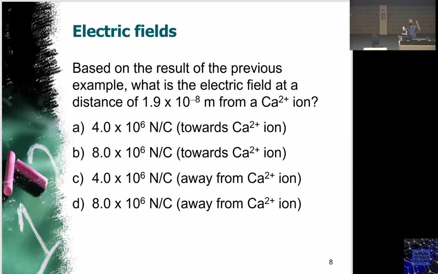So instead of one electron, now we have an ion that is positively charged with a charge of 2e at the same distance. What are you expecting the electric field to be at that point? B, D, the last one. Do you agree? I agree with you. It is D. Why is it D?